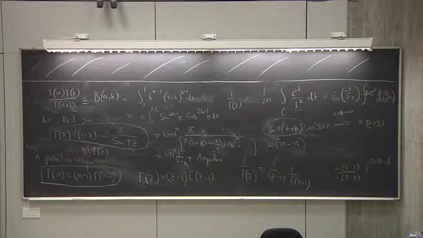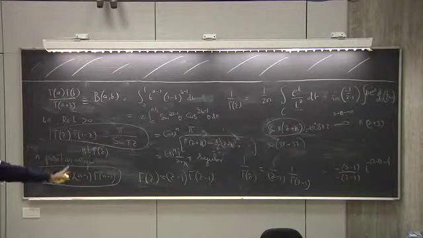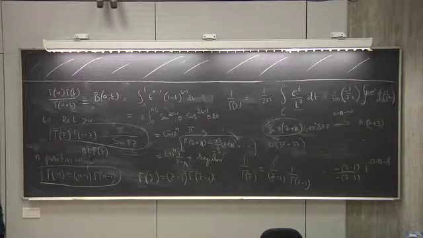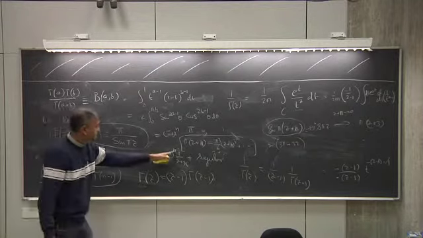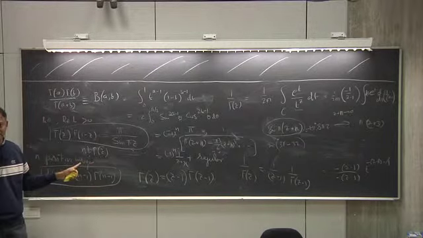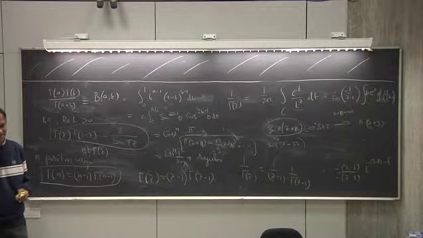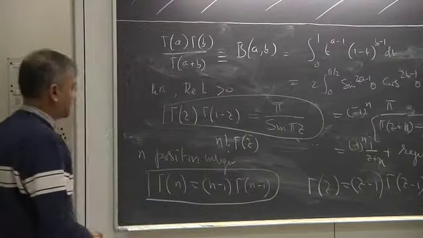If it was a higher order pole, you would need to go beyond the leading term to find the residue. But here we are lucky because it's a first order pole, so you just have to take the leading term. Therefore the residue is simply minus 1 to the n divided by factorial n near z equal to minus n.